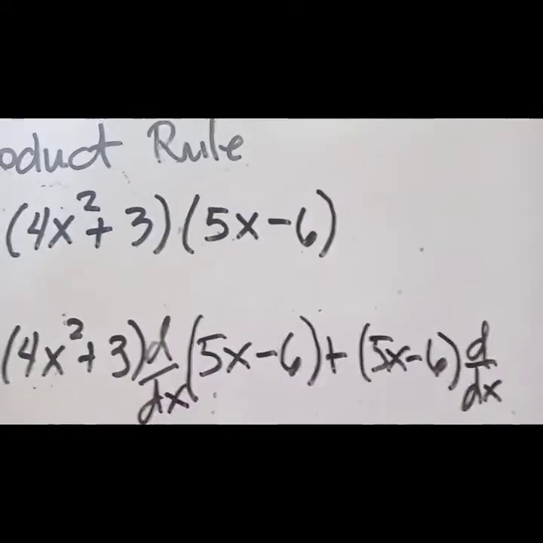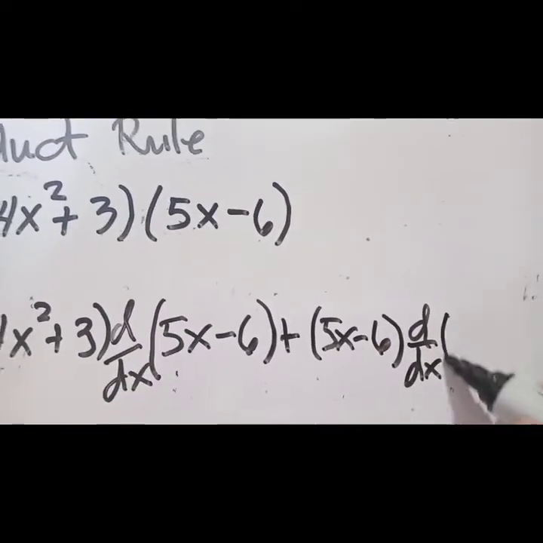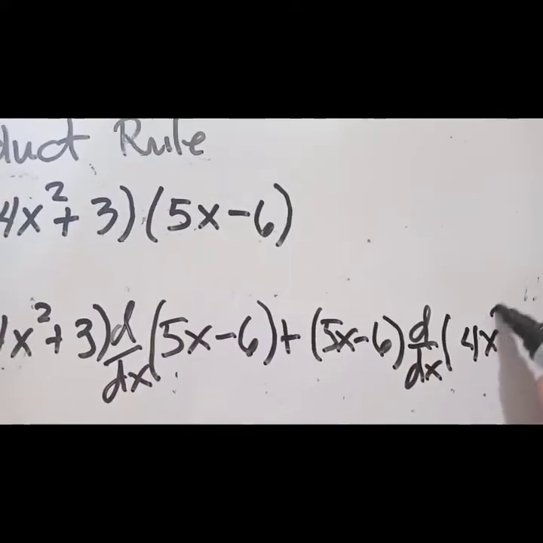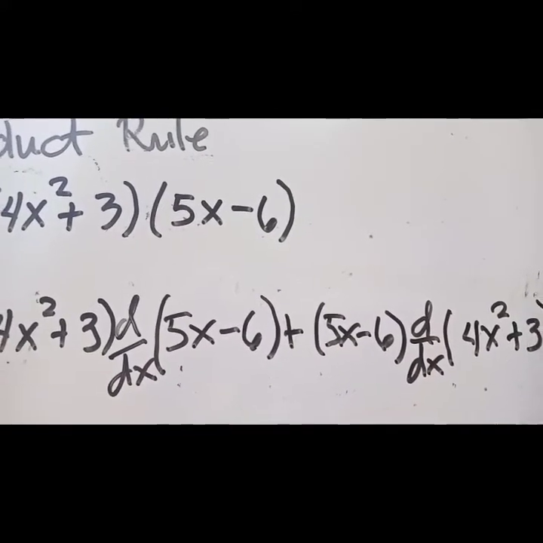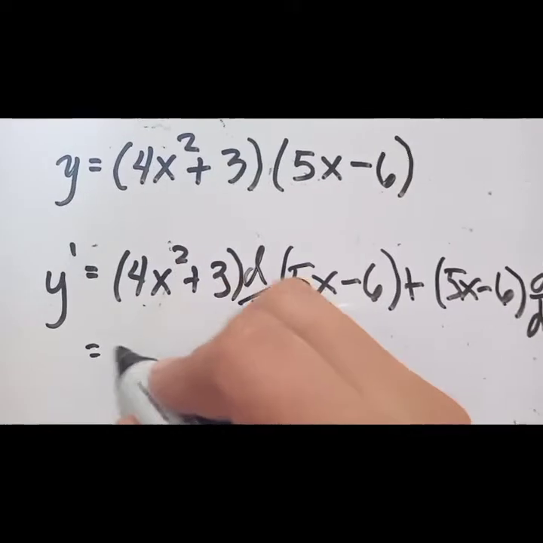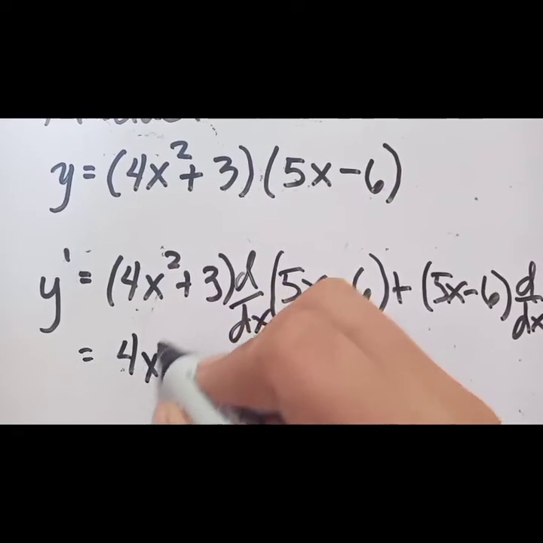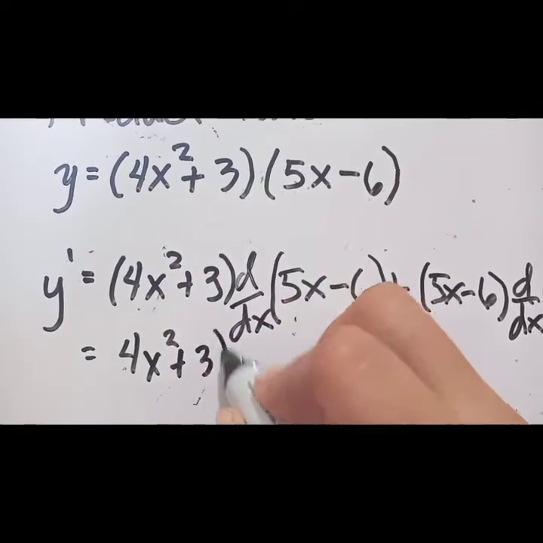The derivatives of the first function. We have 4x squared plus 3.